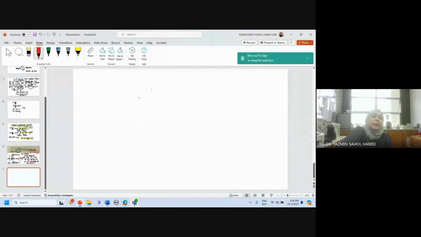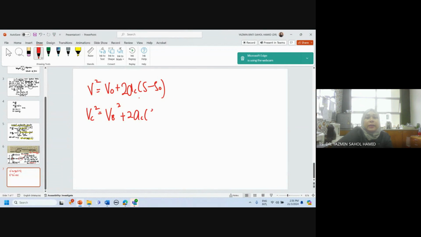For example, let's say you're going to use the same formula: V squared equals V naught squared plus 2a(S minus S naught). You can analyze it with VC, VB squared plus 2AC and then SC minus SB, or you can analyze it with VC with VA. In the end, what you get is the same answer.